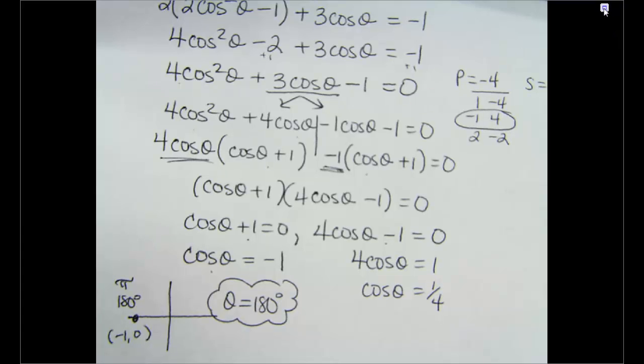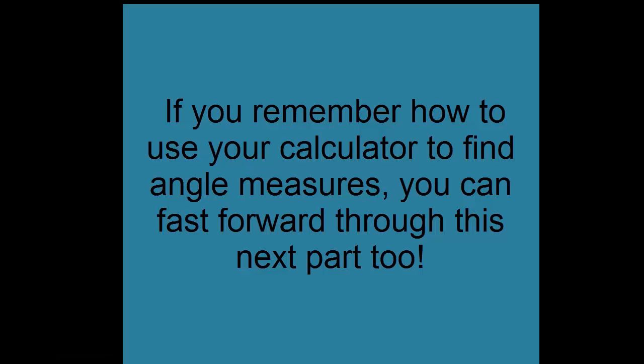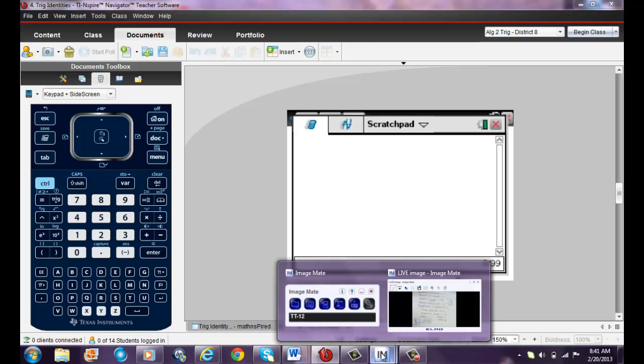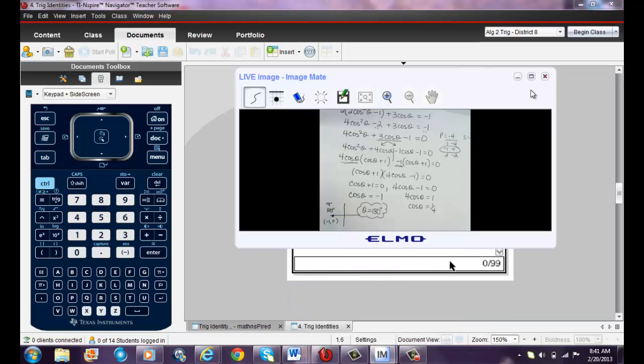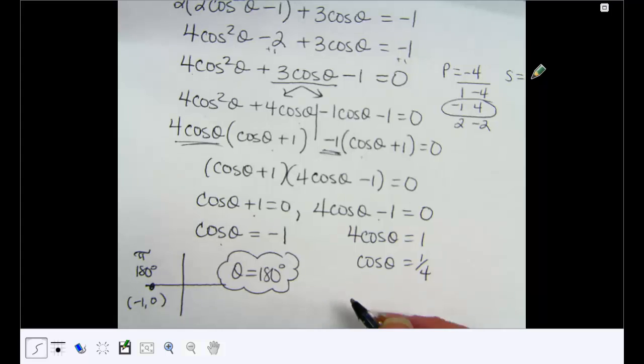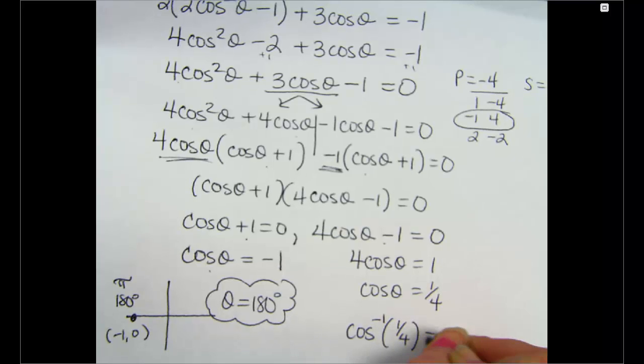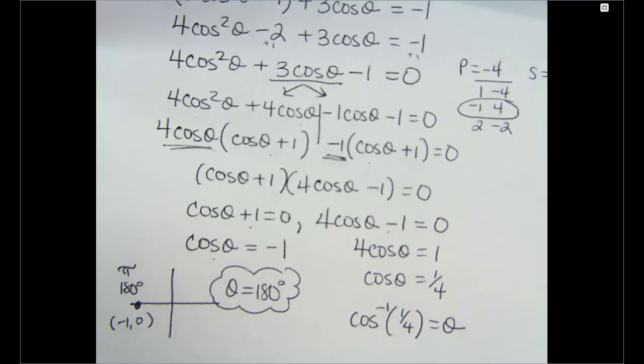You're going to grab a scratch pad. You're going to be sure that you're in degrees mode, and I am. And because I'm looking for the angle measure, let's go back to this for a minute. You're going to find the inverse cosine of 1/4. That'll give you a theta value.